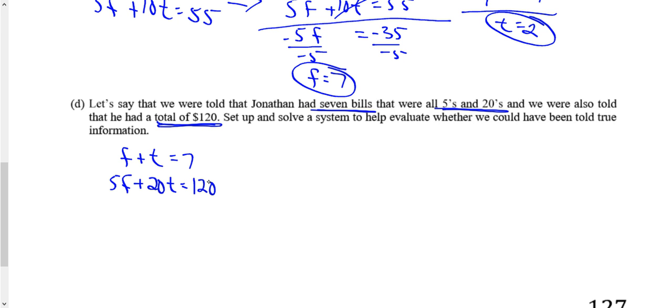Outstanding. Everybody good with that? Okay. So now I just want you to solve this, just like we did up top. Make one of the variables go away somehow. It does not matter which one. If it was me, I'd probably start with the 5s. It's a small number, but whatever. Either way. So take a minute and see what you got.